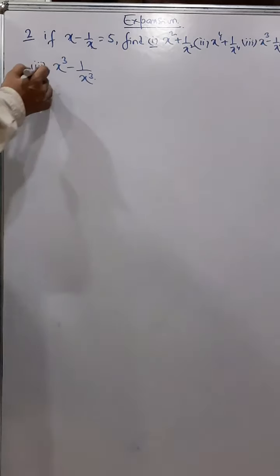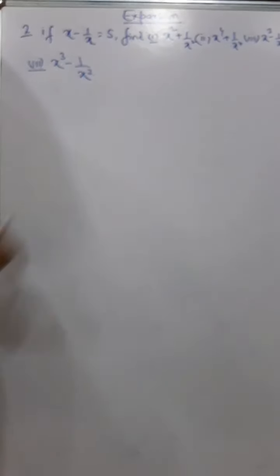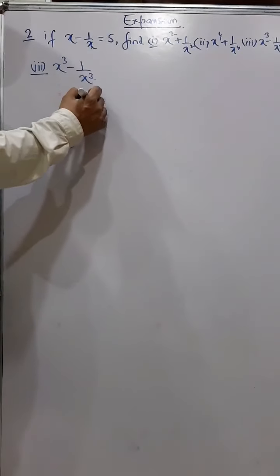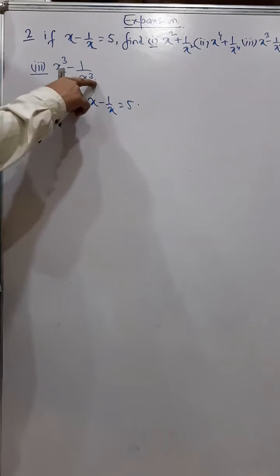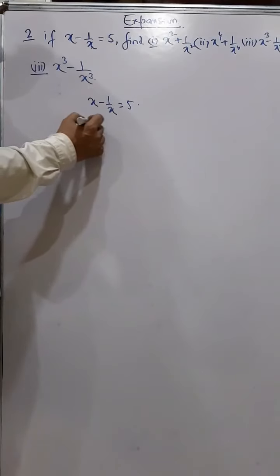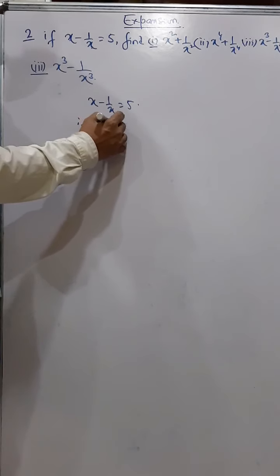Okay, now number 3: you have to find x cube minus 1 by x cube. So again similarly, I have also told you in number 1. Now you can understand, you have to find the cube, that means you have to do cubing on both sides. So x minus 1 by x equals 5, we will do cubing on both sides directly.